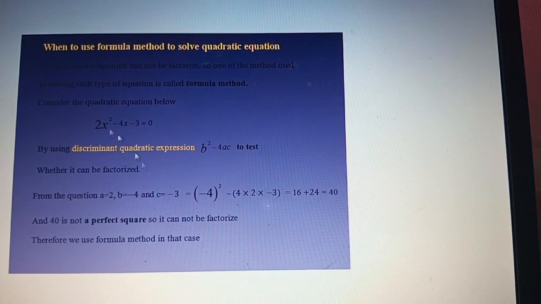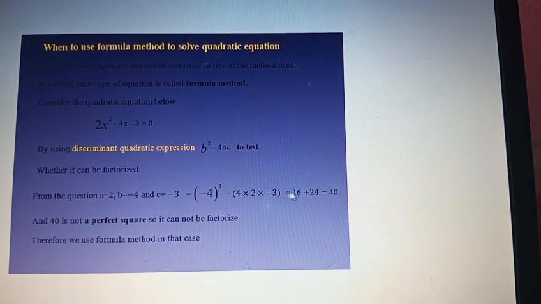From the equation, our a is 2, our b is minus 4, and our c is minus 3. When we plug into the discriminant expression b squared minus 4ac, since our b is minus 4, we have minus 4 squared, which gives 16, minus 4 times 2 times minus 3. 4 times 2 is 8, and 8 times minus 3 gives minus 24.